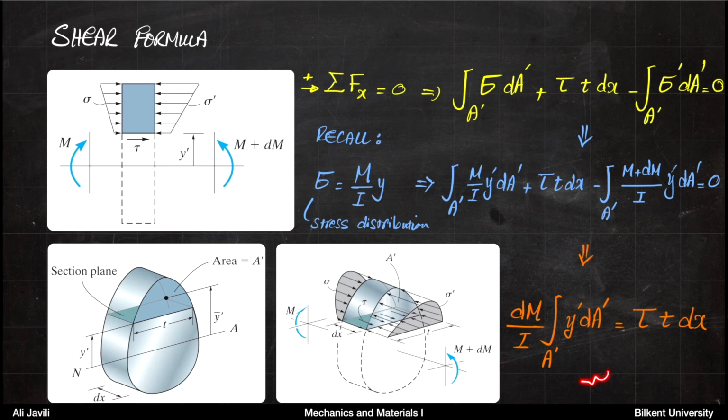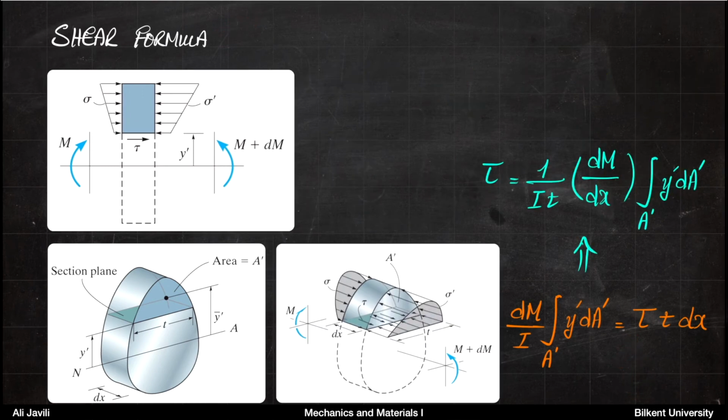So you would have an integral of y prime dA prime over A prime. And then on the other side, you have tau t dx. But let's not forget that the quantity we are looking for is tau itself. So we reorder this equation a little to get tau on the left side, and then this would be our relationship for the shear formula.